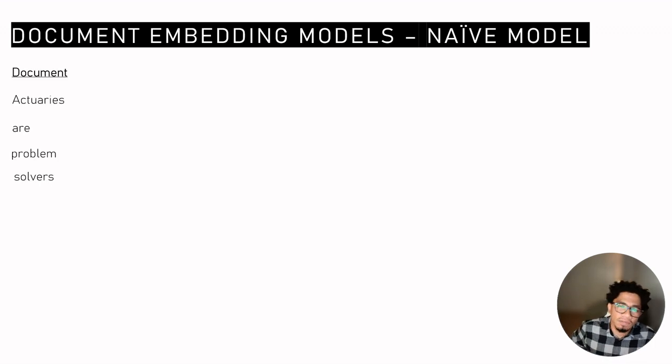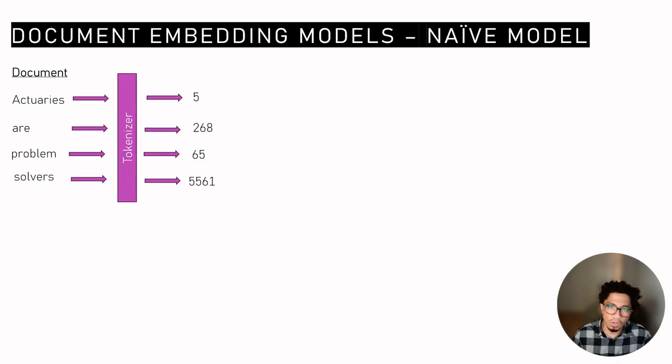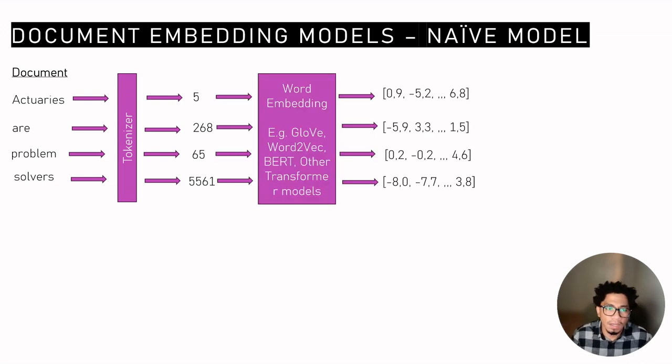But let's just say you have a document. It's a simple text with 4 words that says actuaries are problem solvers. And this will go through some tokenizer. The tokenizer will say, okay, this is essentially an index of the word from a dictionary or corpus. And that tokenizer then looks up the corresponding vector, right? So it's the word embedding.